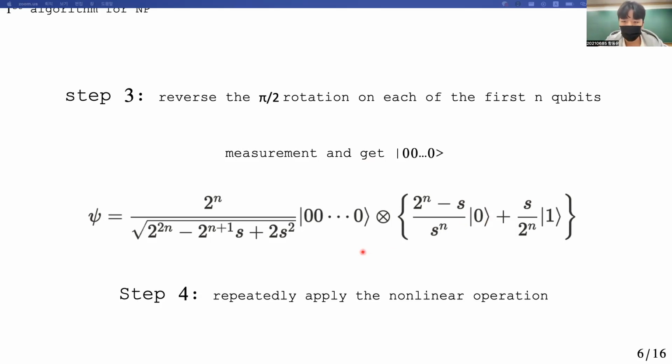Lastly, step 4, repeatedly apply the nonlinear operation to drive the states representing these two cases apart at an exponential rate. Unfortunately, in the first algorithm, the author did not specify which nonlinear operator is used. They just supposed that it is possible to perform a nonlinear operation on a single qubit that has a positive Lyapunov exponent.